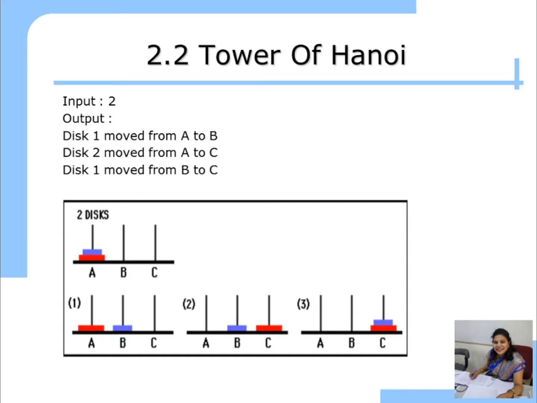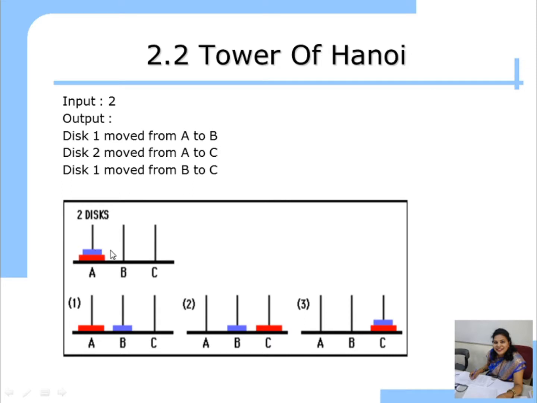First rule is what? You can move only one disk at a time. You cannot put both disks together and put them here. The second rule was you can remove only the topmost disk. You cannot directly remove the red disk, which is below the blue disk.